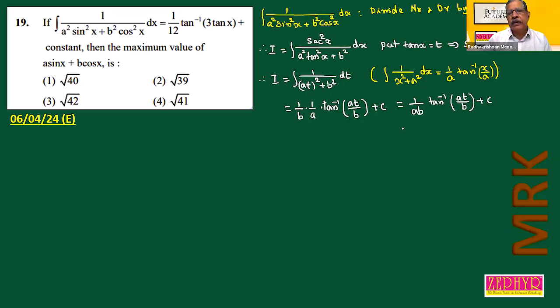So compare this with the given 1 by 12 tan inverse 3 tan x. So 3 in the place of t, you can write 3 tan x.